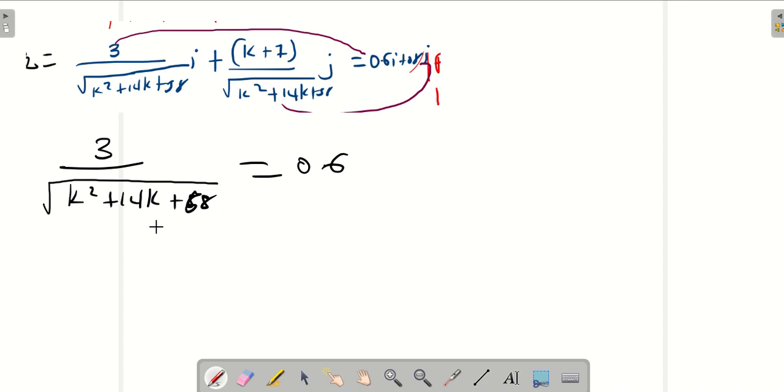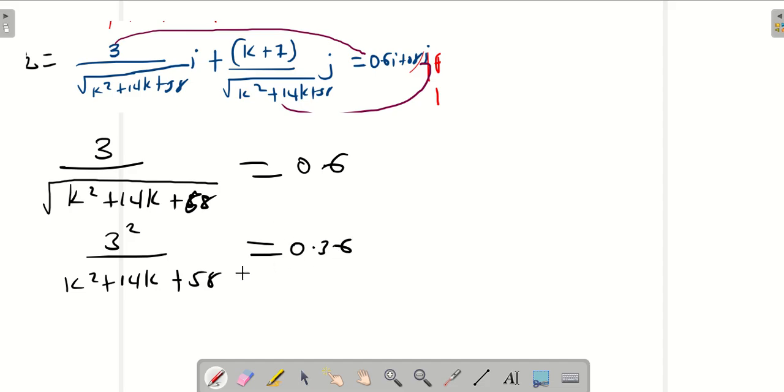Okay, so from here, let me square both sides straightforward, to get 3 squared over k squared plus 14k plus 58 equal to, I'll also square here, what do you get? 0.36. Okay, then we can multiply through. So we are going to get 0.36 multiplying k squared plus 14k plus 58, and it should be equal to 9. Are we okay?